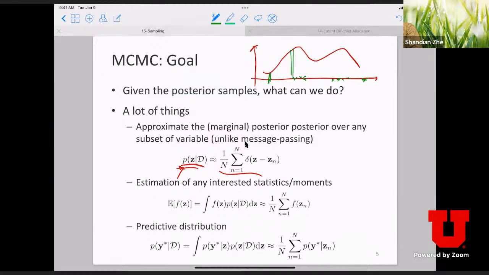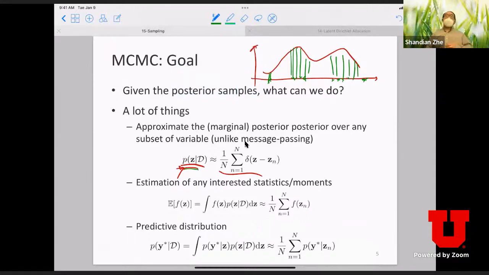We can bin this support region, this input domain, so we just count the density of the samples in each region. Then I can recover, or at least quite well approximate, the posterior with these histograms. And there is a basic theorem in statistics.